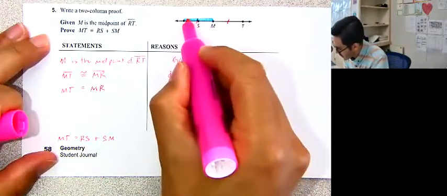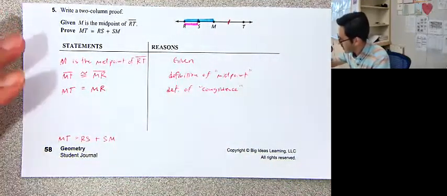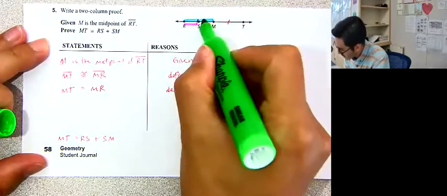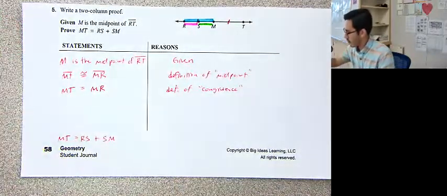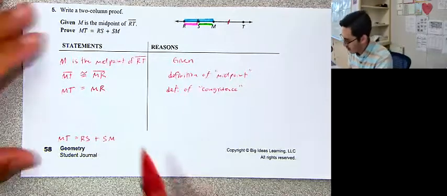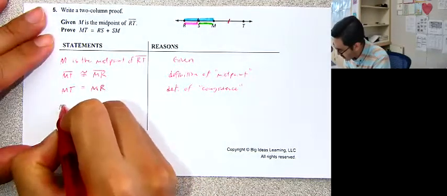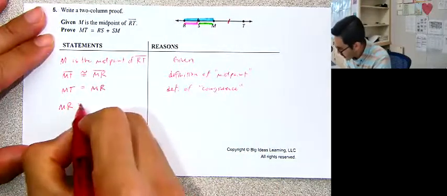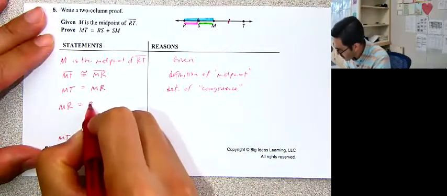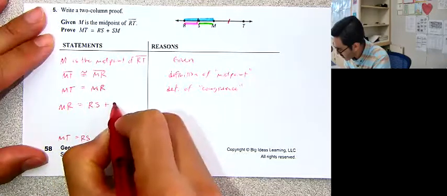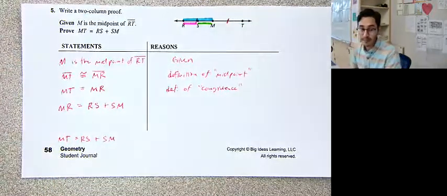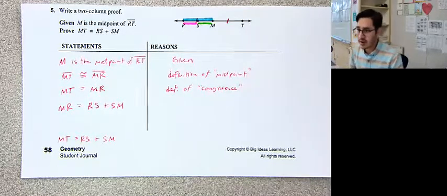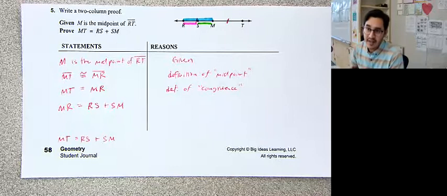So RS and SM. Why don't I write that down? So the distance from M to R, which I highlighted in blue, is equal to the distance between R and S plus the distance between S and M. Now this seems like common sense or very intuitive to us, but there is a name for this.